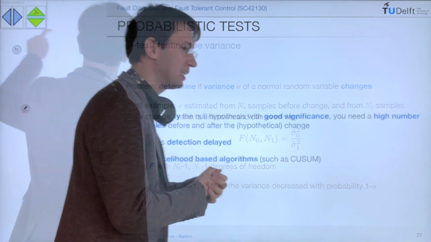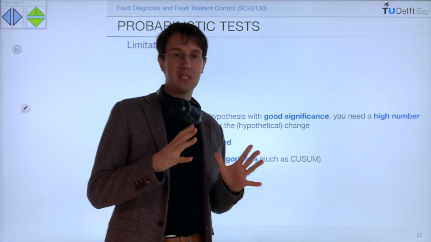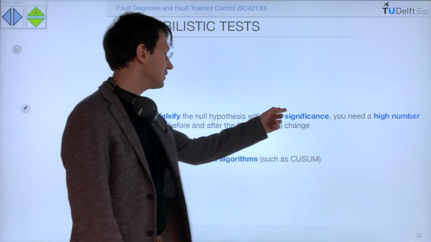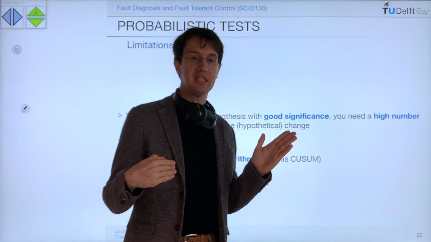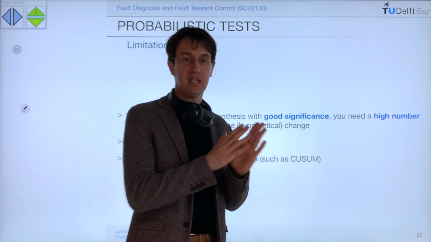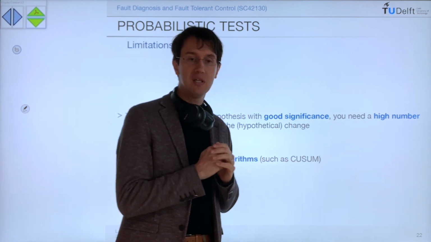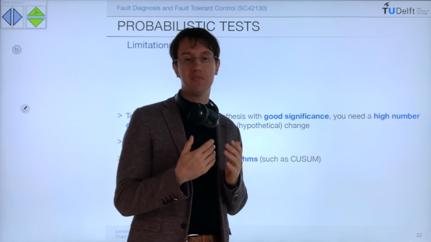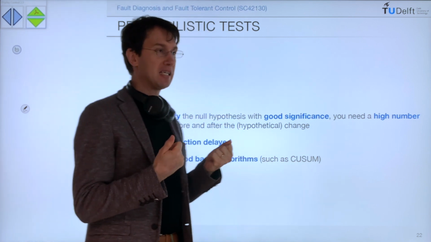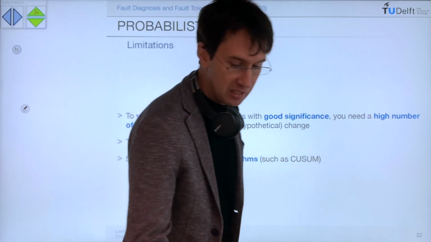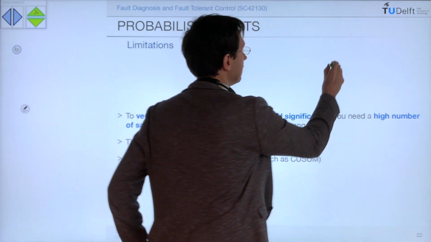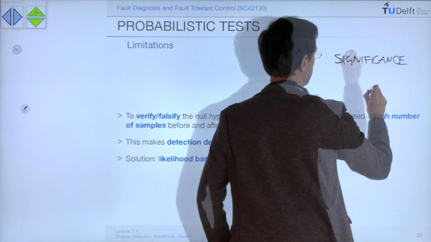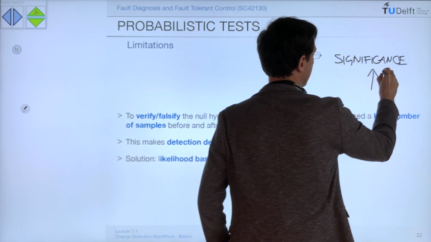On one side, we would like to have high significance. And on the other side, we would like to be able to detect faults that are very short in duration, or we want to detect them very quickly. So there is a balance. On one side, we have significance, which means a high n.